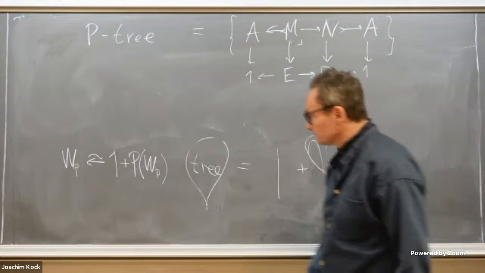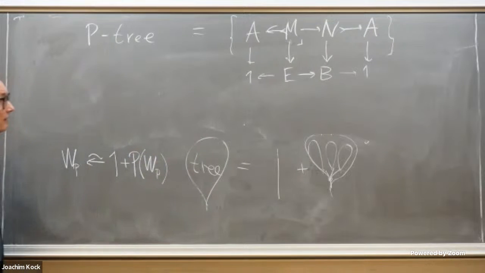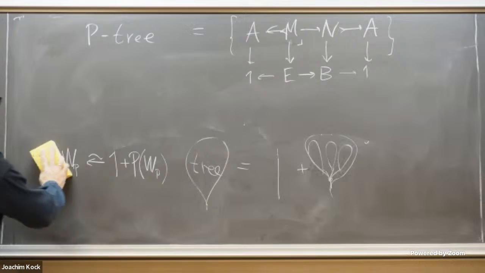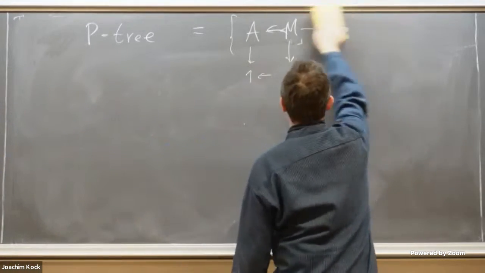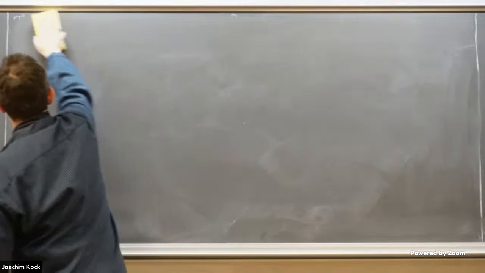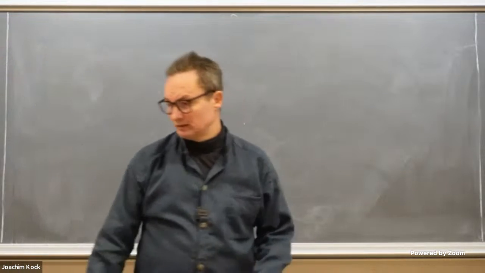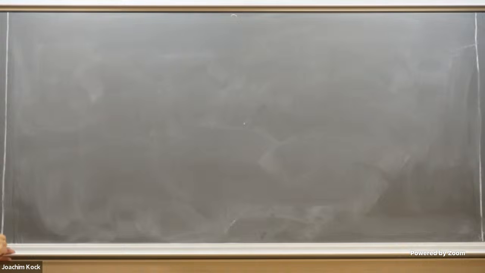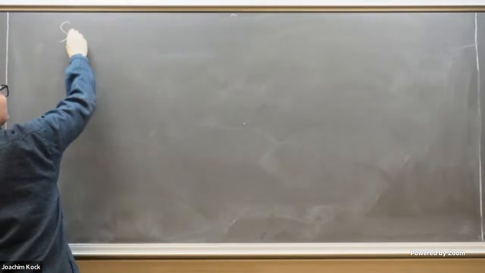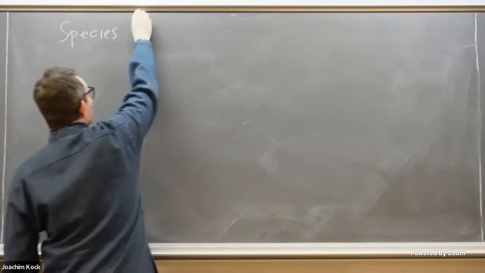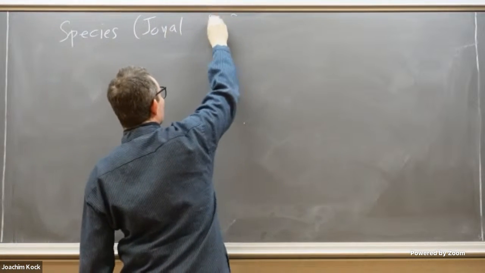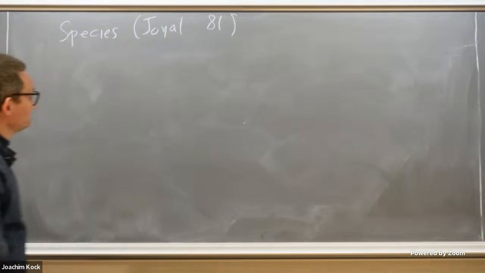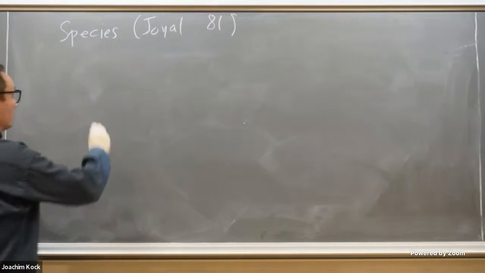Okay, now we are already in the mood for combinatorics, so let's go to combinatorics now. And also back in time, because now we go to the theory of species invented by Joyal in 81. So here's the definition.